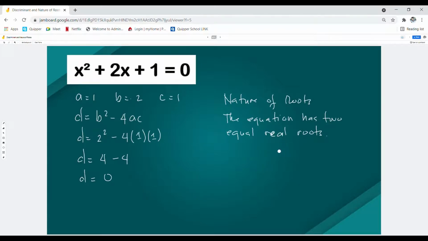This is the nature of roots of this equation. I hope you get it. That happens when your discriminant is 0.